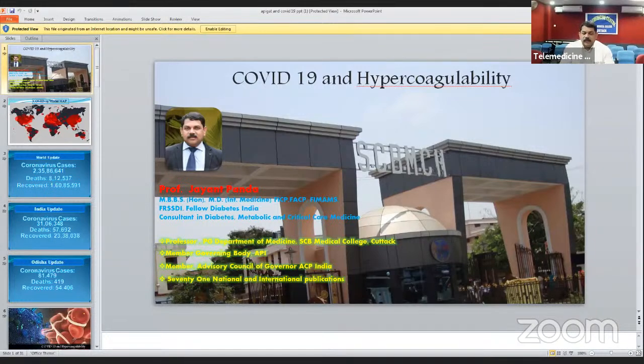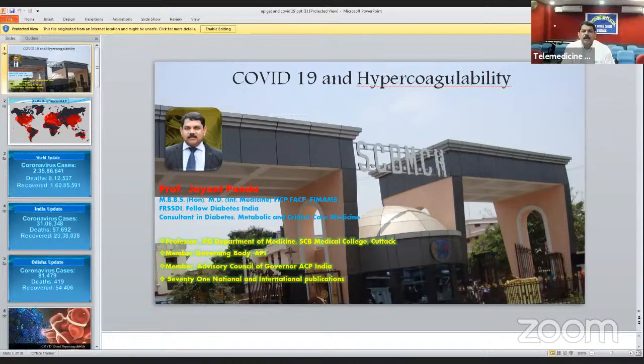So, to start with the presentation. As you know, this is the 6th month. We are going to complete August, and still the number is on. The whole world is burning with COVID-19. And today's world data, we have 2 crore 35 lakh.